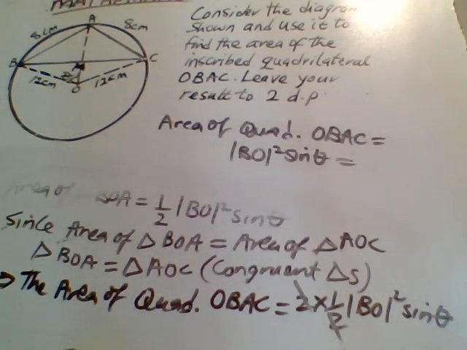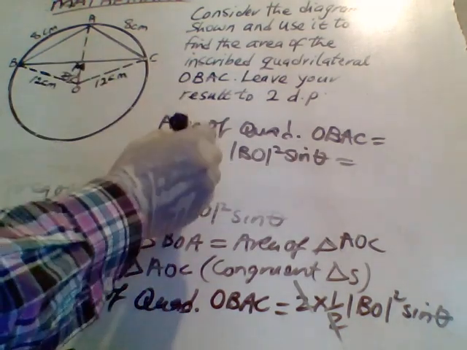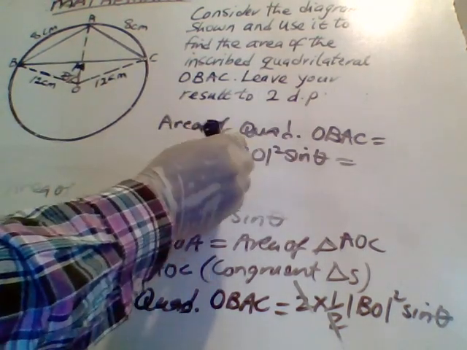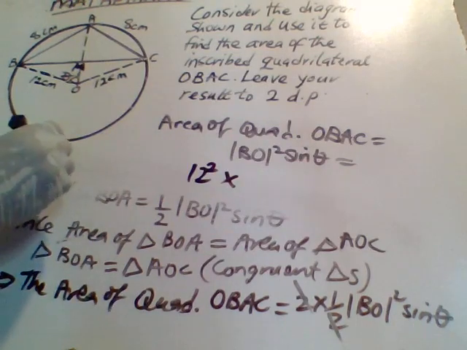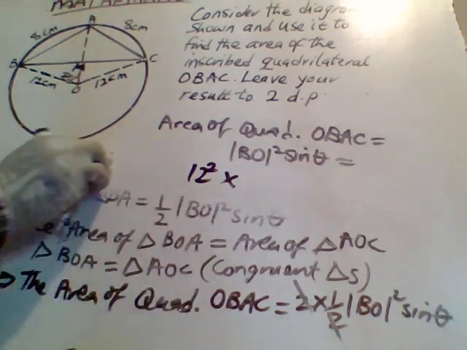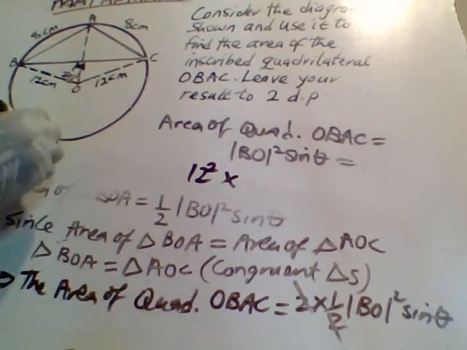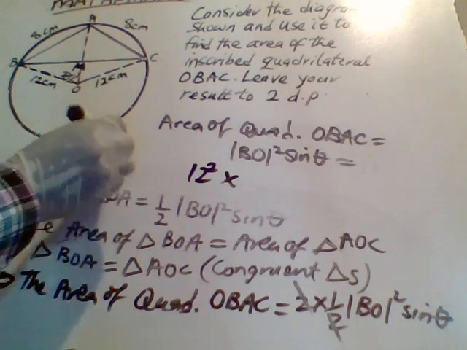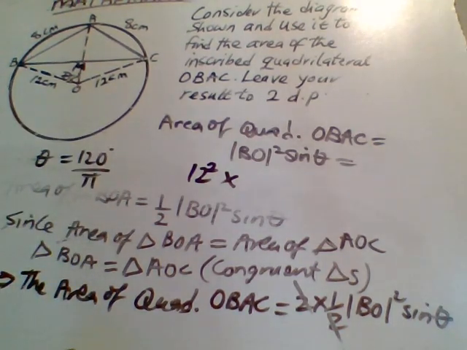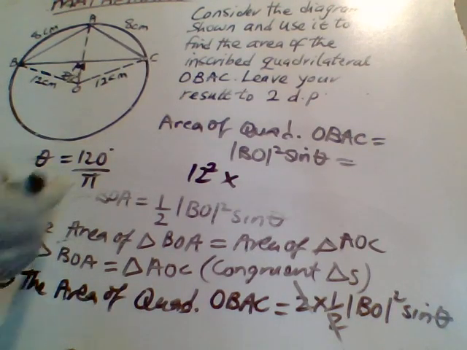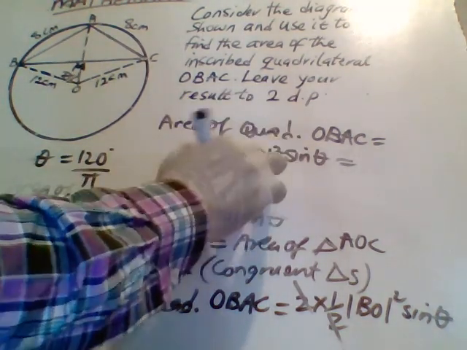What do we have as BO? We have BO equal to 12, so 12 squared. And what do we have as theta? When we solved for it, we found that theta is equal to 120 degrees divided by pi, from finding the length of the arc. So you have to put it here.